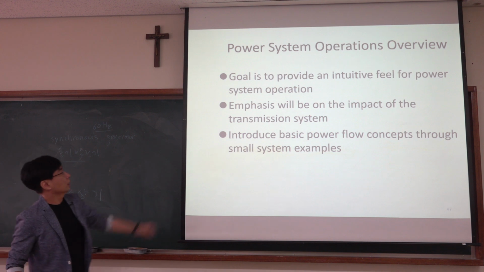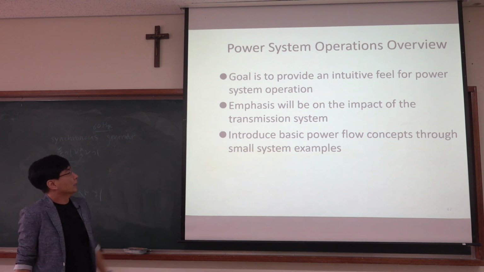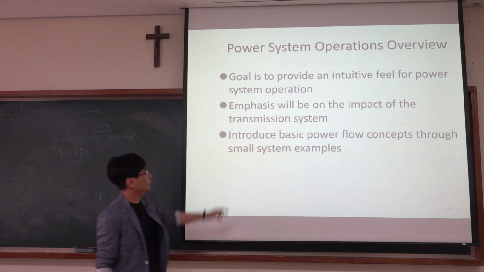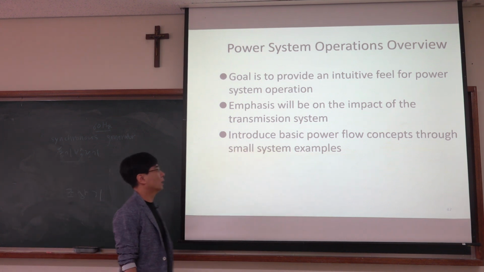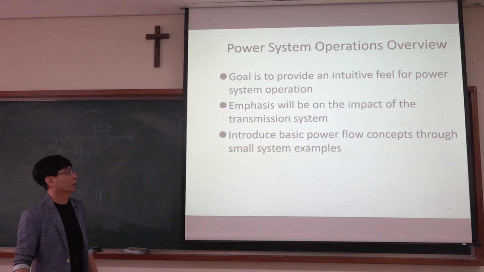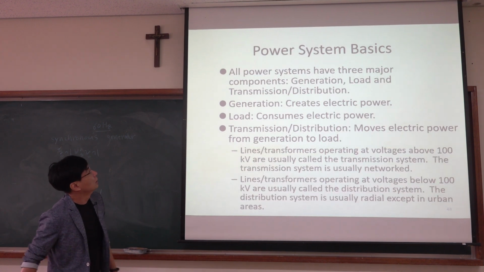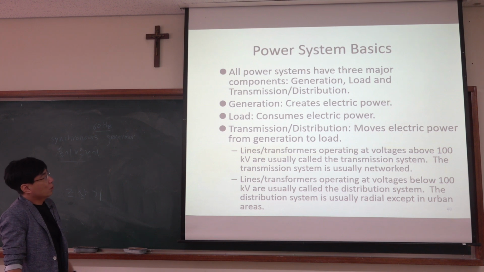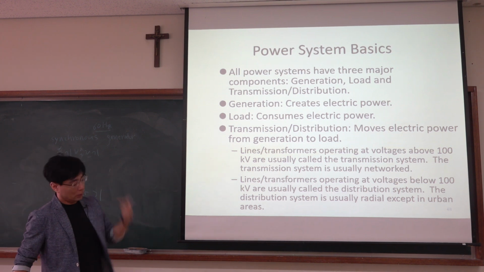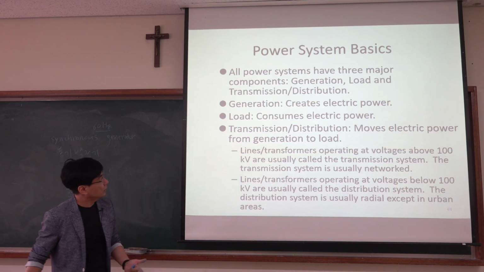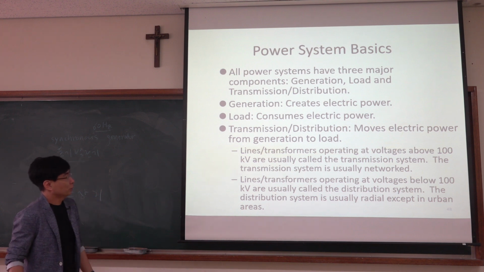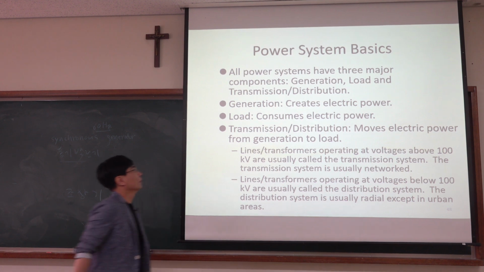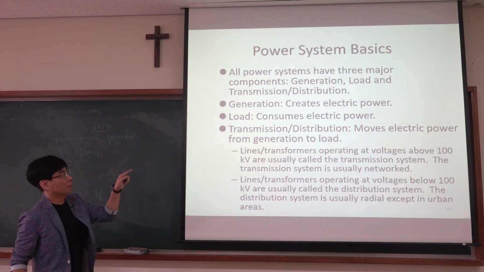Anyway, emphasis will be on the impact of the transmission system, introducing basic power flow concepts through small system examples. Power system basics. All power systems have three major components: generation, load, and transmission, distribution. The generation creates electric power.